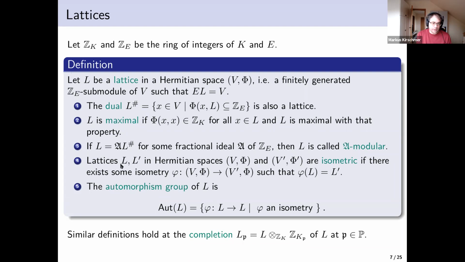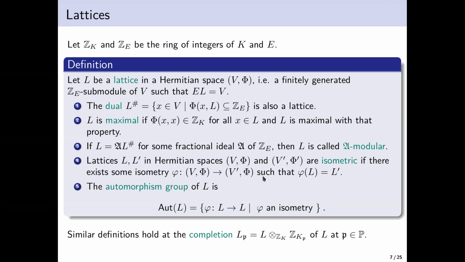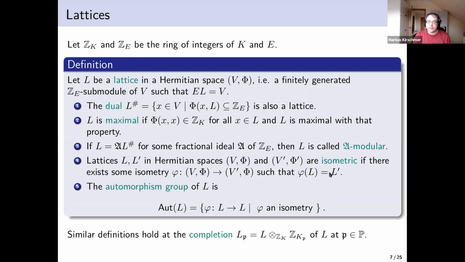Now, two lattices in two different Hermitian spaces are said to be isometric if you can find an isometry from one Hermitian space to the other that maps the first lattice to the second lattice. And the automorphism group of L are all the isometries from L to itself.